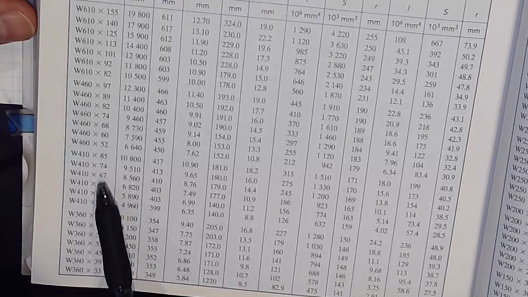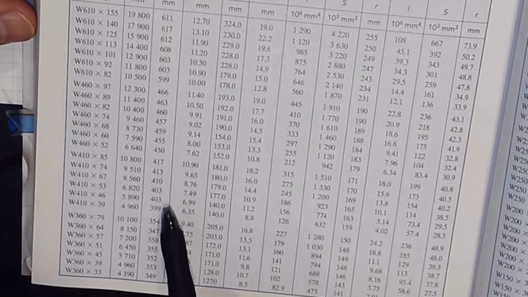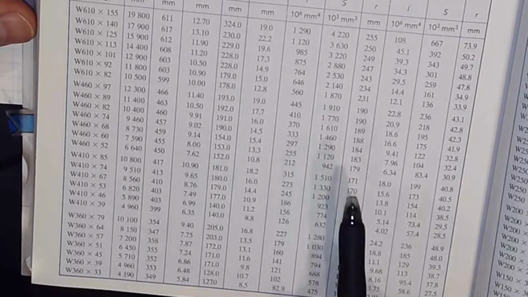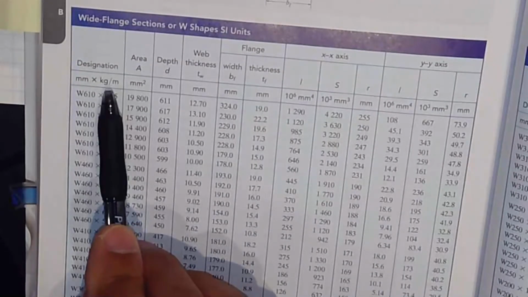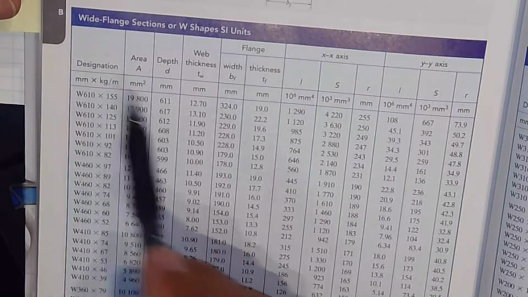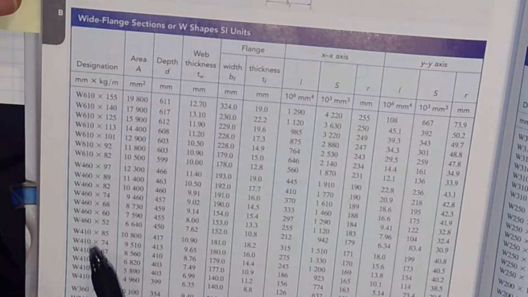410 by 67. Remember, 410 is the approximate height. In this case, it's exact, but you can see the family of 410s. And the number on the right is the weight per unit length. Well, in this case, since we're metric, it's kilograms per meter. In English, it's pounds per foot. But they tell you what it is. All right, so we said we need the 410 by 74.